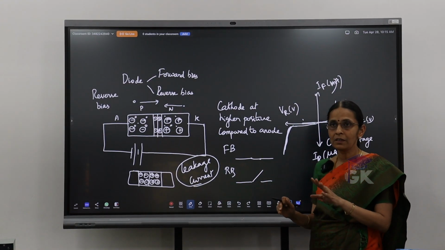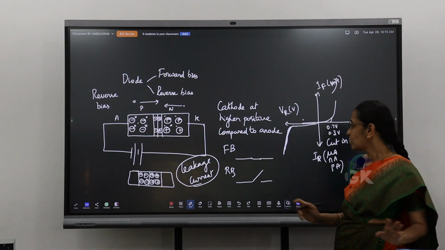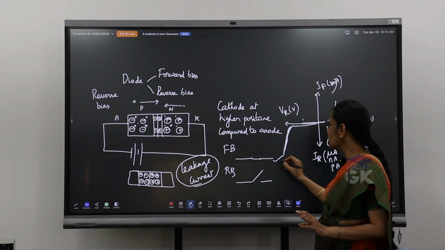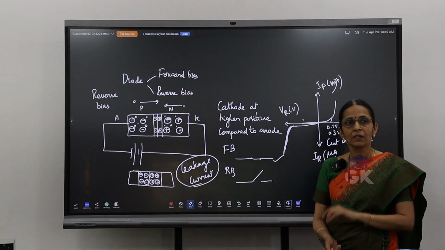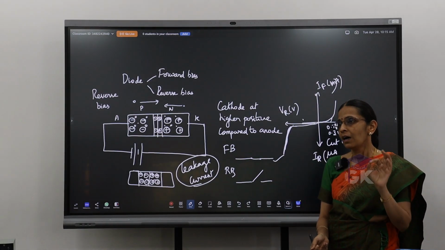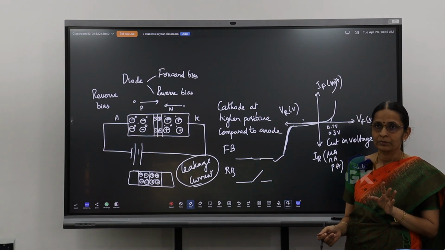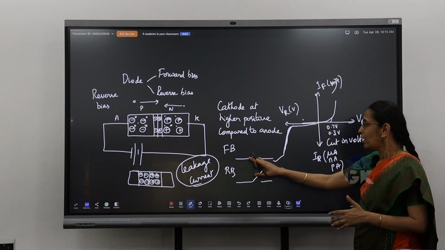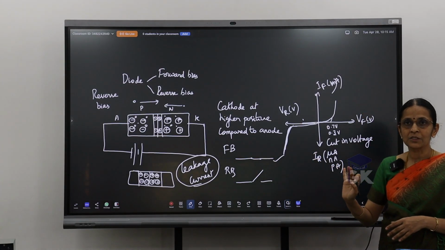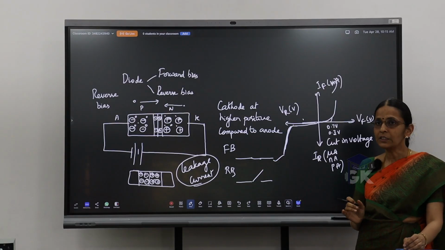So this is basically a unidirectional switch. Fine? It allows current only in one direction, which is nothing but my forward bias. What is called forward bias? My anode should be at a higher positive potential compared to my cathode. And let us get to this also. When I say it is like a closed switch, ideally what should be the resistance? 0.